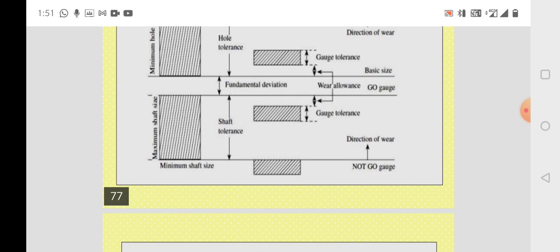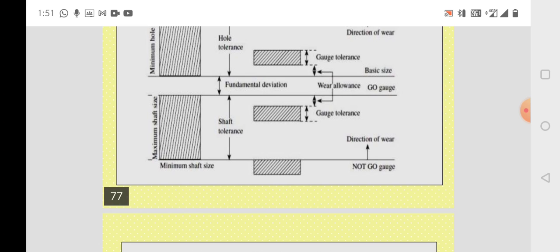So this is 10% of the work tolerance. Then gauge tolerance, याचा गो गेजचा, हा होलप्रमाणेच it is in आतमध्येच आहे, तो या होल टॉलरन्सच्या 10% आणि ह्याच्या आतमध्येच आहे.